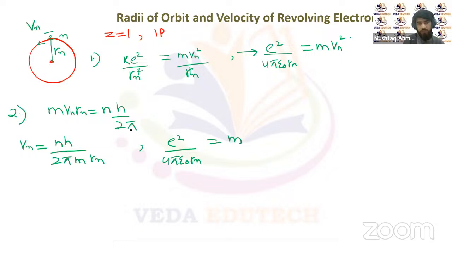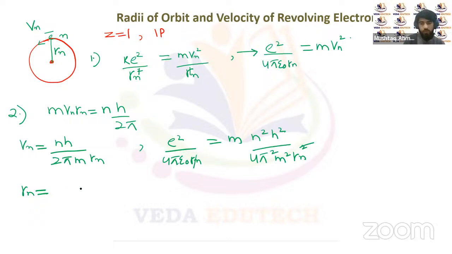We can replace vn square by n square h square upon 4 pi square m square rn square. So rn and rn will get cancelled, and we'll be left with the value of rn, the radius of the nth orbit of an electron.